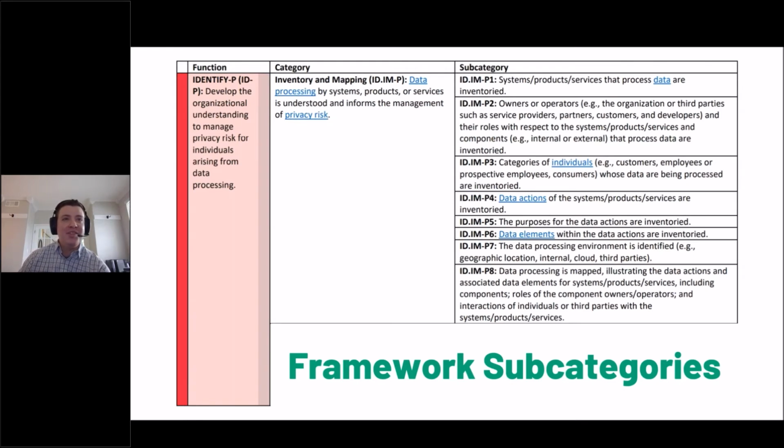In the first column, you can see the overall function description, and then we have the inventory and mapping category description, and then finally in that last and third column, you'll see the actual actions and outcomes or the controls contained in this category. I'll let you gaze down this list, and you'll see several specific things that help support the implementation of strong inventory and mapping capability. If we were to work through the entire control set, you'd see similar categories, similar subcategories within each of these 18 categories.